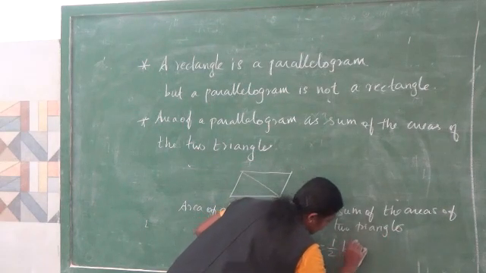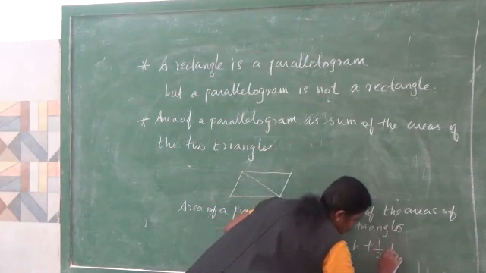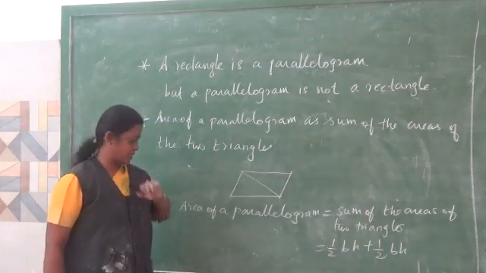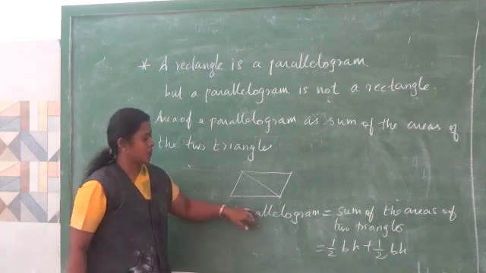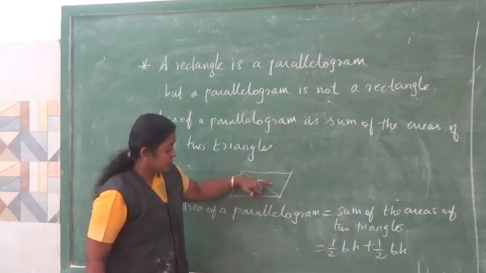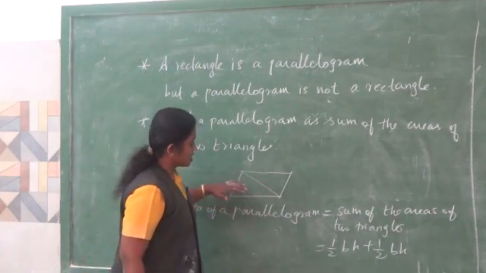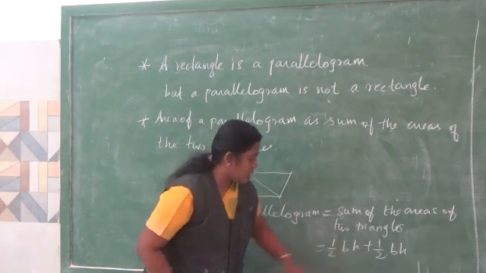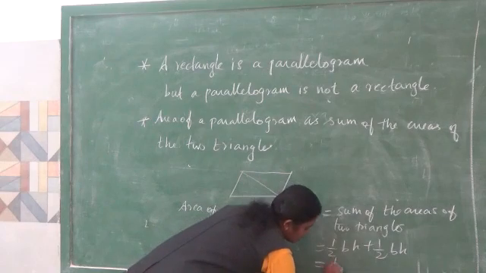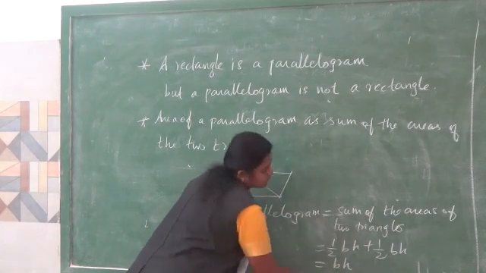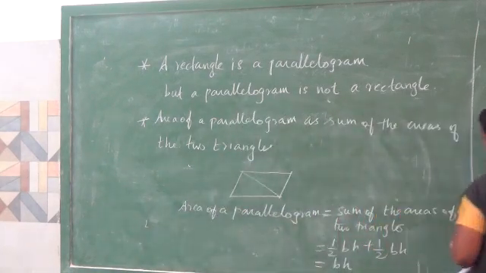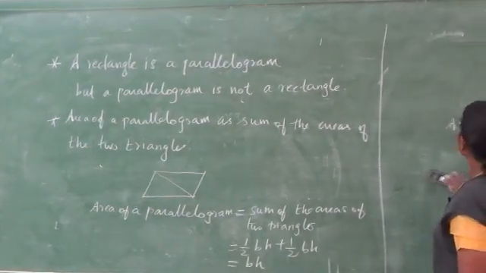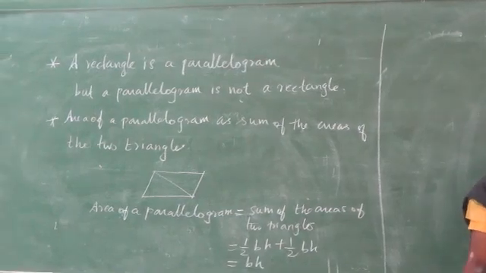Half of BH plus half of BH. So area of a parallelogram equal to sum of the areas of two triangles. Area of a triangle formula you know, half into BH plus half into BH. If you are adding, you are getting B into H. So this property is area of a parallelogram is equal to sum of the areas of two triangles.